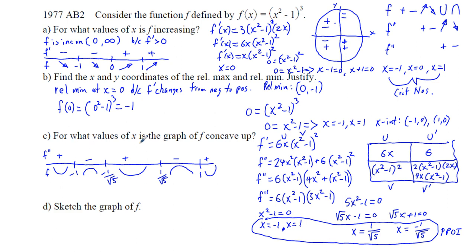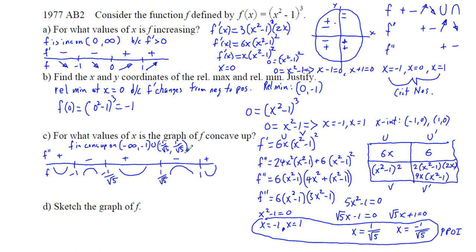For what values of x is the graph of f concave up? Well, f is concave up on negative infinity to -1 union -1 over square root of 5 comma 1 over square root of 5.